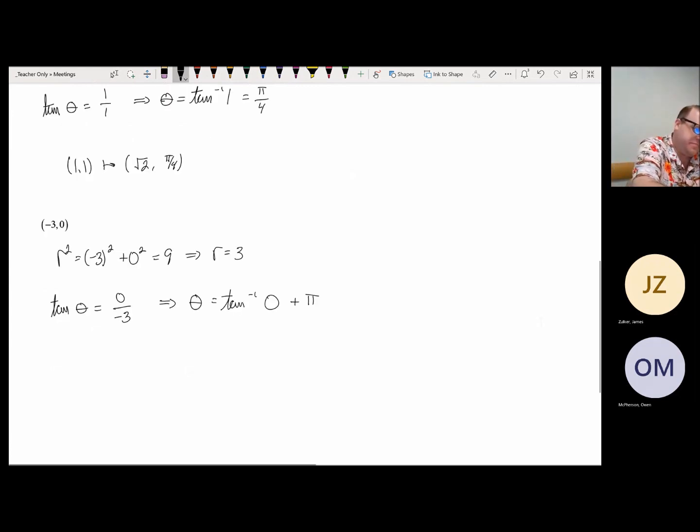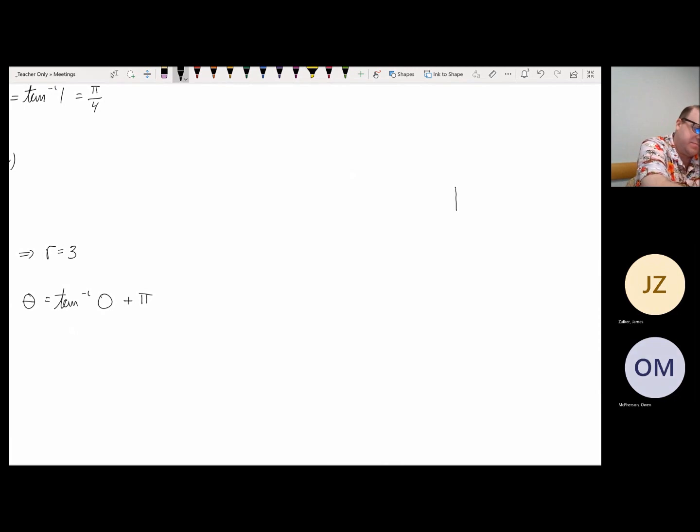Right. There's our point. There's the point that the inverse tangent is going to give us. Call that P prime. So how do you get from here to there?